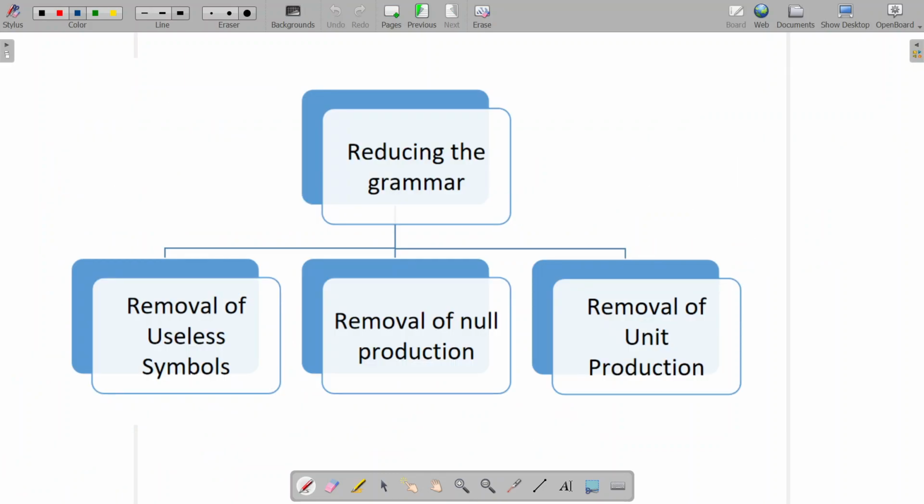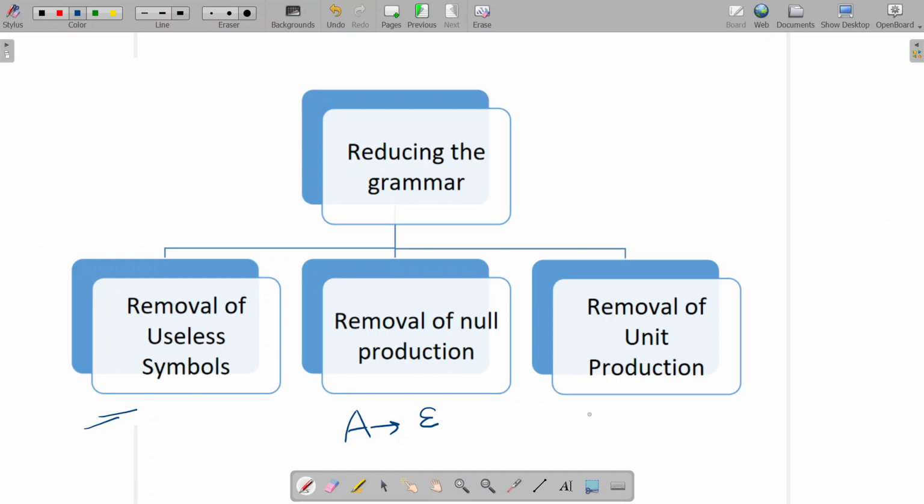As a whole, I can tell that there are three ways to reduce the grammar. One is removal of useless symbols. As we saw in the previous example, we need to identify the useless symbols, which are non-reachable and non-generating, and remove them. Another one is removal of null production. If I have A tends to epsilon, this is a null production. If a non-terminal maps to null, it is called a null production.